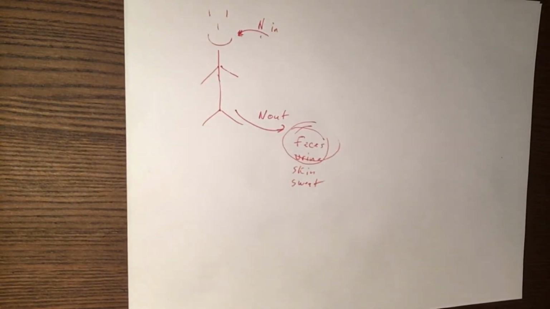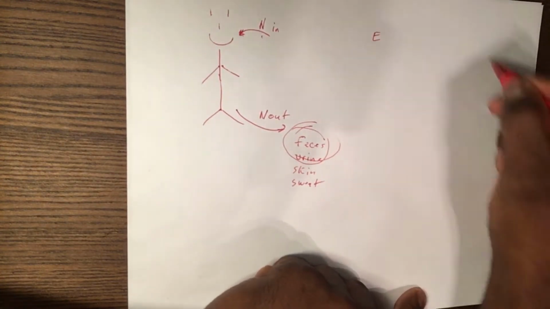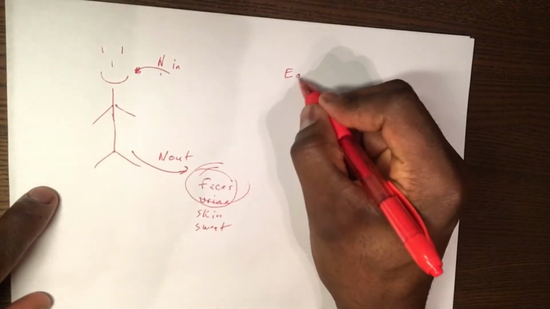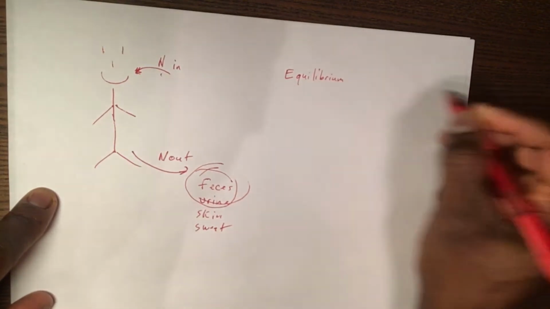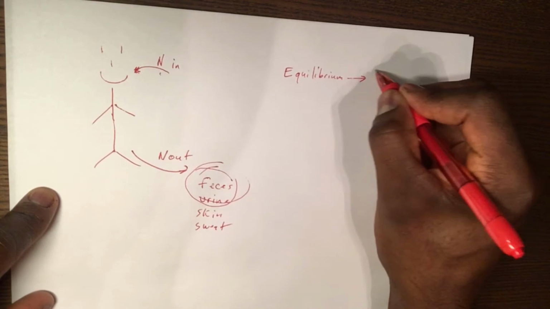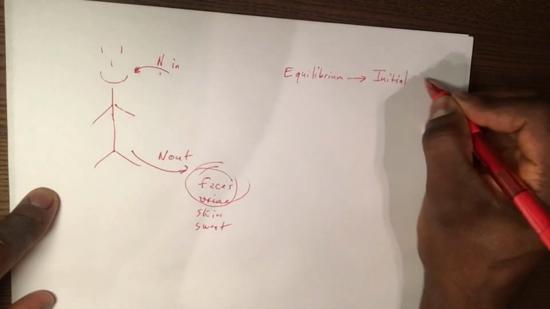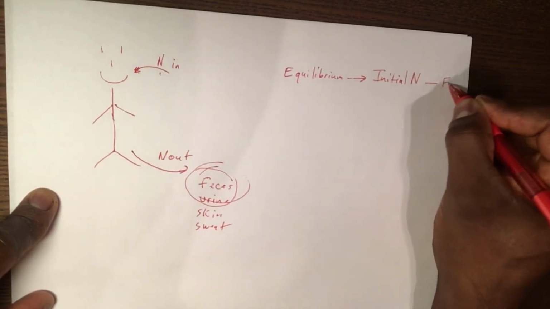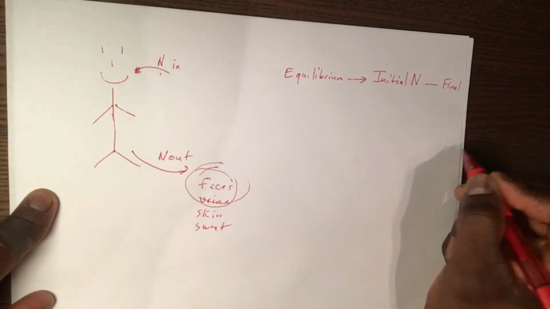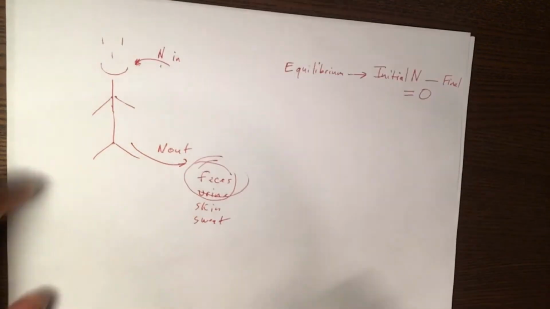Now let's look at equilibrium. So equilibrium is simply initial amount minus the final, okay, which will come to 0, right?